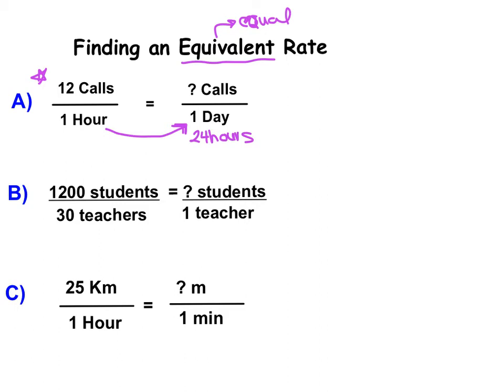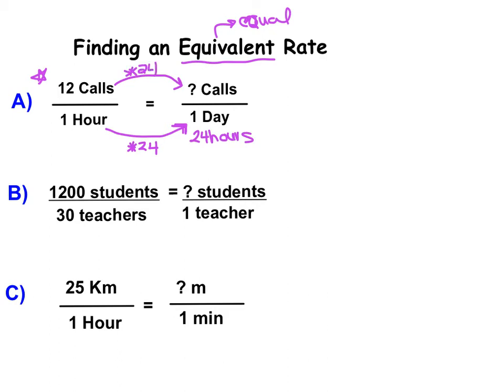So to get from 1 hour to 24 hours, I would need to multiply the 1 by 24 to make it the equivalent of a day. And remember, if we multiply our denominator by 24, to keep it equivalent we need to multiply our numerator by 24.